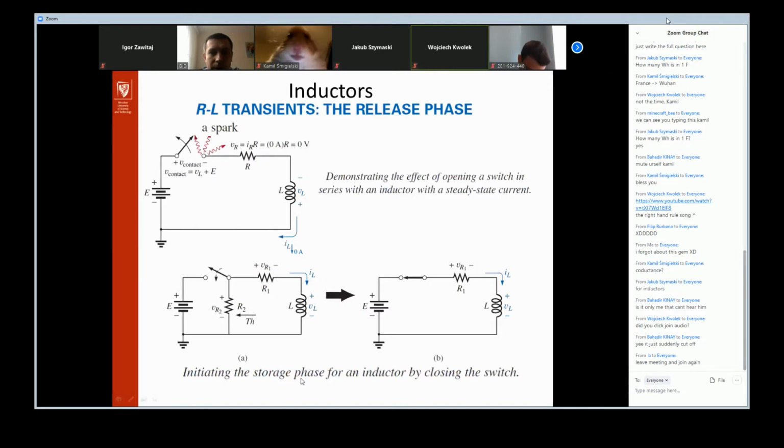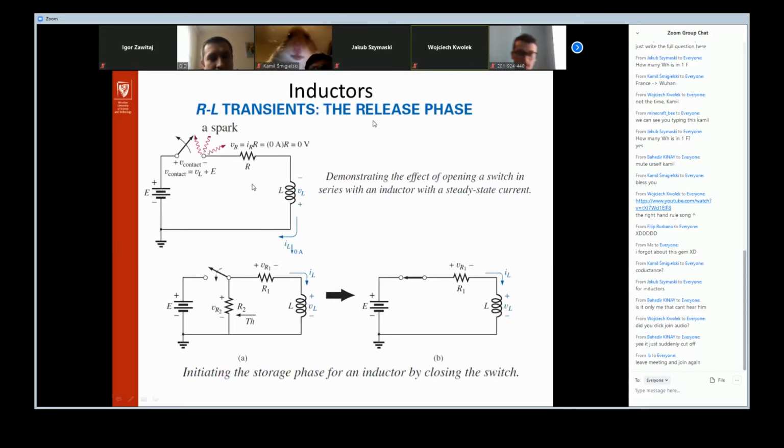Okay. What about the release phase? What happens when the switch is open? We turn on the switch, and suddenly we want to switch it off. What happens?